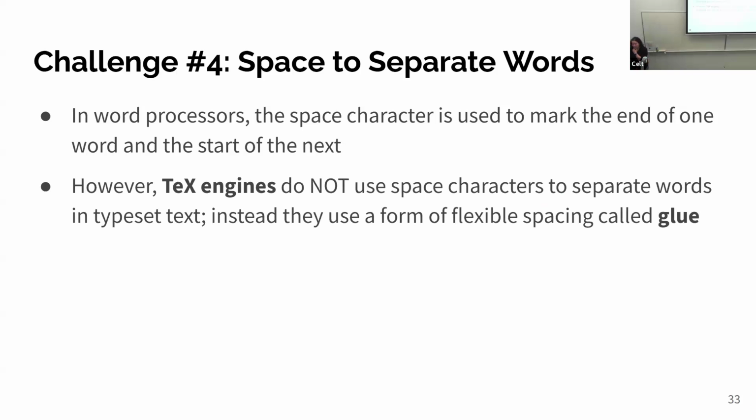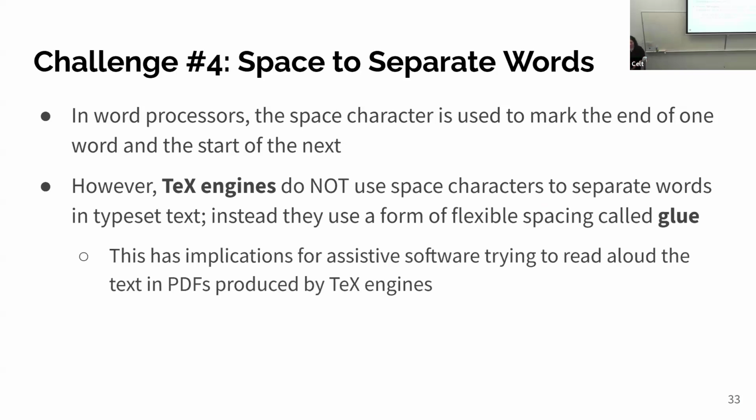Text engines, however, do not use space characters to separate words in the typeset text. Instead, they use a form of flexible spacing called glue. And I don't want to get into the technical details of this. Just know that this is a thing.